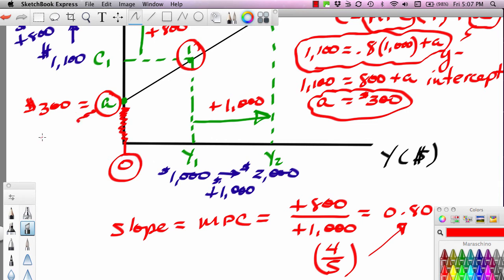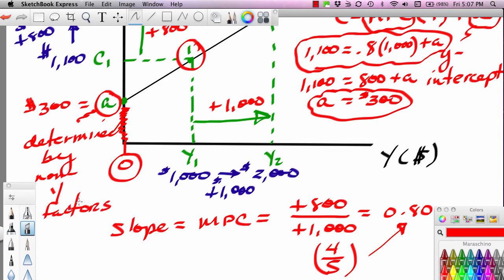So this is determined by what we would call non-Y factors. Factors other than Y. That's determined by non-Y factors. For instance, confidence could be a factor. Consumer confidence may affect consumption.